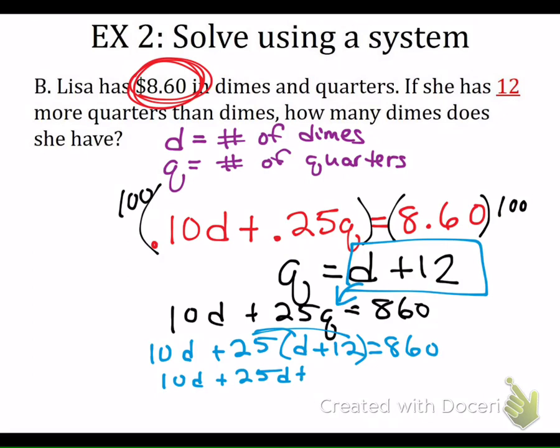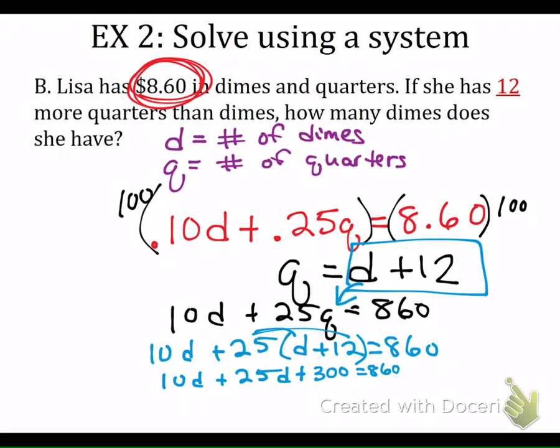What is 25 times 12? 300, good. All right. What next?